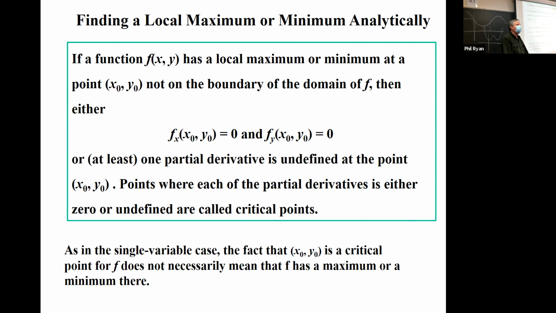Okay, so what happens if we've got a formula? So let's have a nice simple function, f(x,y) = x squared plus y squared.